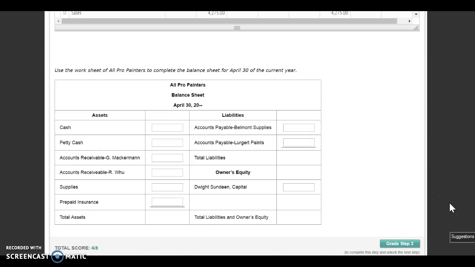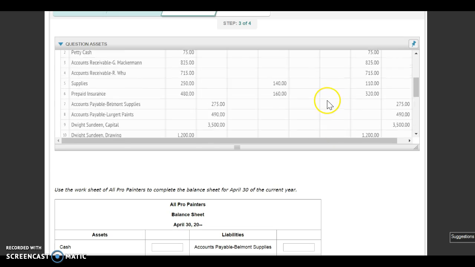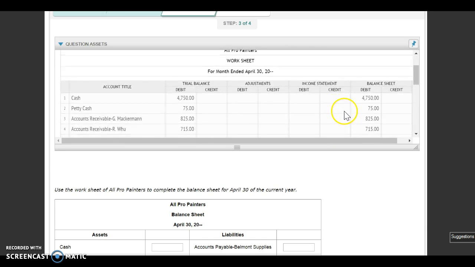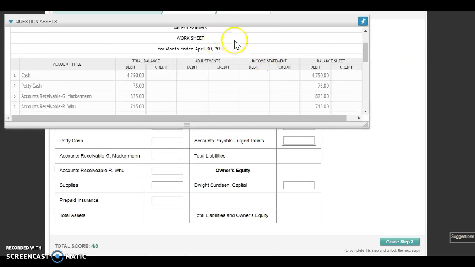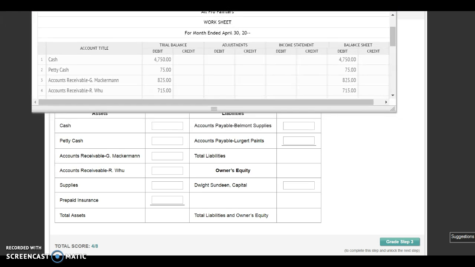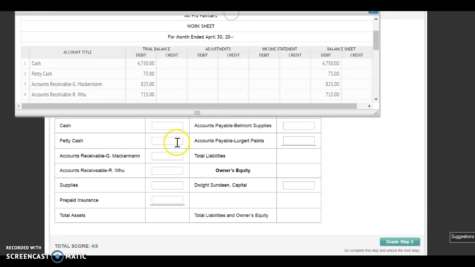All right, so now it says use the worksheet of All Pro Painters to complete the balance sheet for April 30th of the current year. So I'm going to look up here. I'm going to find my balance sheet columns. I'm going to unpin this so I can move it around easier. All right, so cash, $4,750. Petty cash, $75.